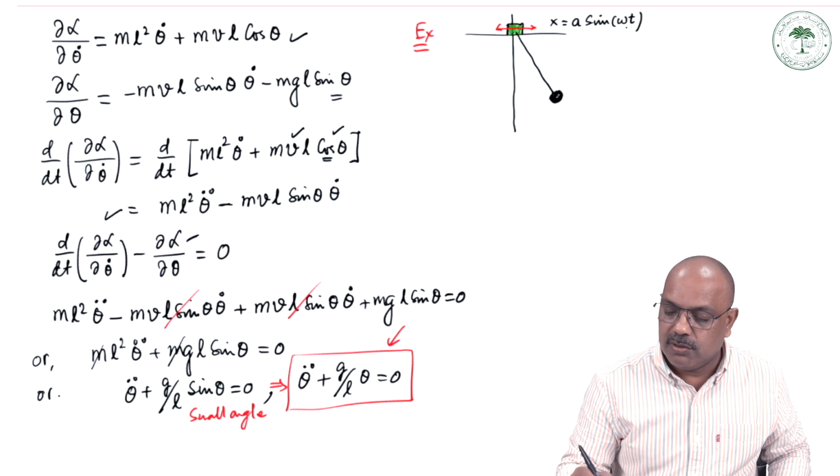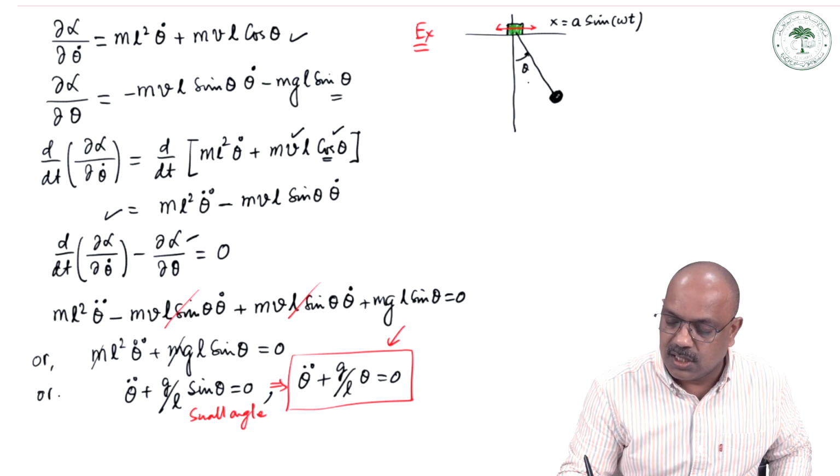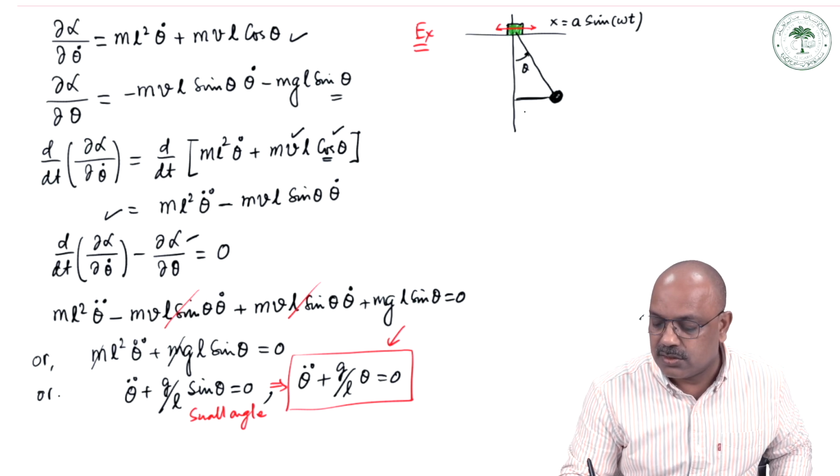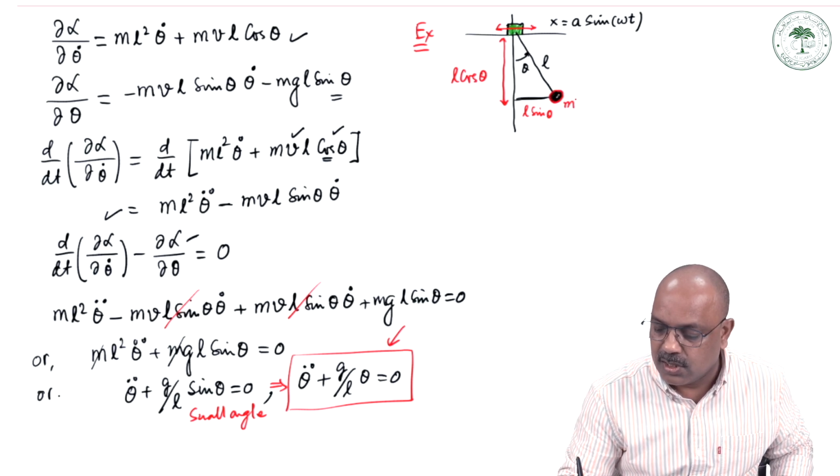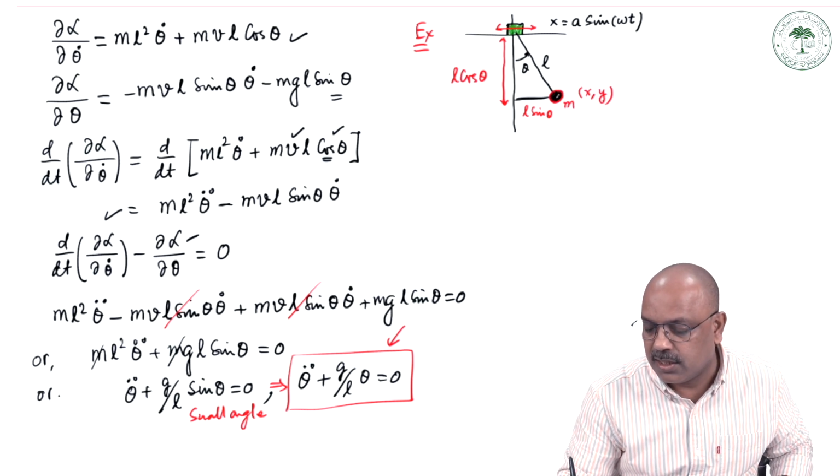Okay, so now this is your θ, and this is, say, the L. So this is L sin θ, and then this is your L cos θ. This is your m, and you have x and y.